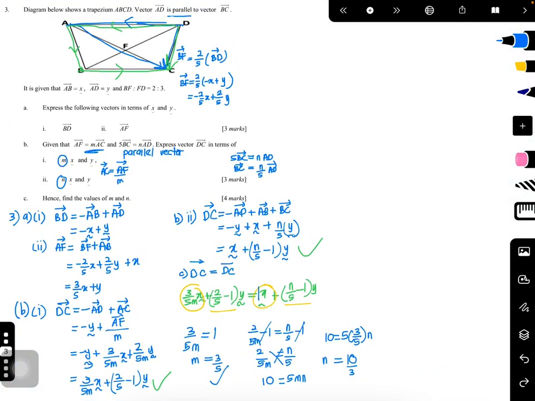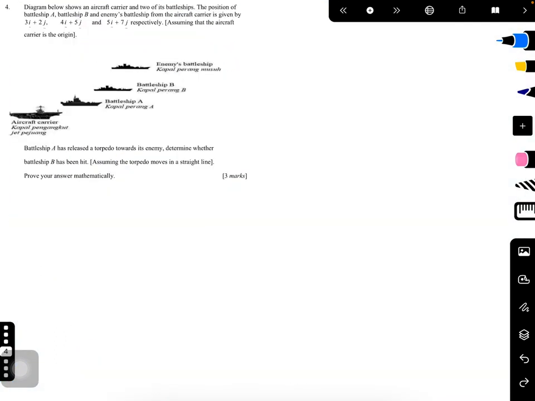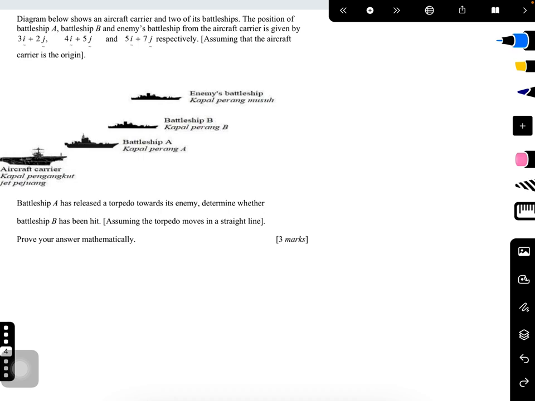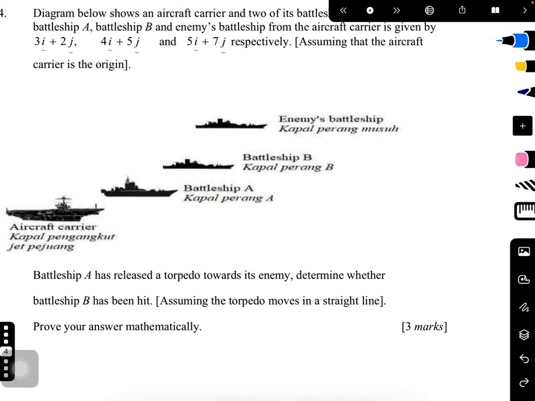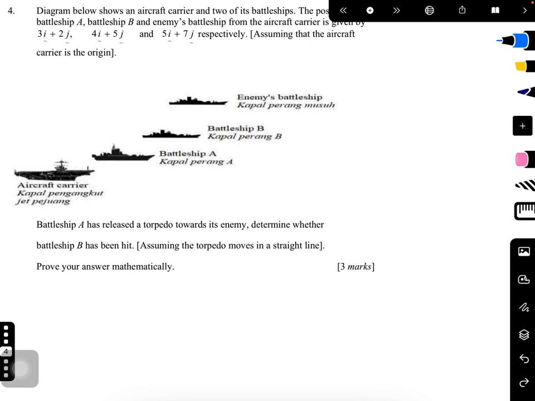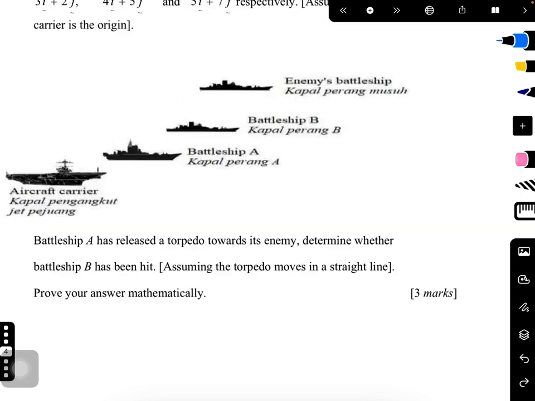So proceed to question number 4. Question number 4. The diagram below shows an aircraft carrier and its battleships. The positions of battleship A, battleship B, and the enemy battleship from the aircraft are given by 3i plus 2j, 4i plus 5j, and 5i plus 7j respectively, assuming that the aircraft is the origin.